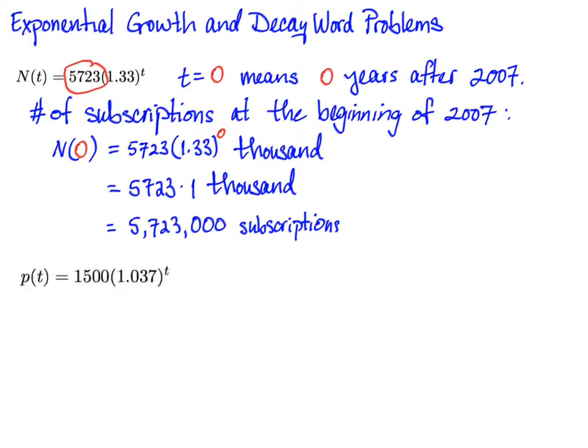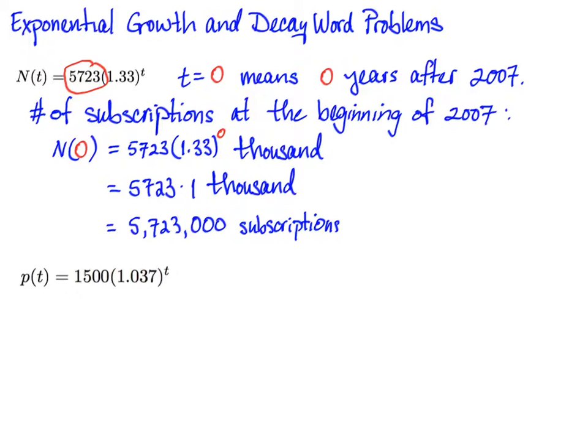And similarly, we looked at a function that gave us a future price of some item, and we were told that we used the rate of inflation of 3.7% a year, and the function looked like this: 1,500 times 1.037 raised to the t.